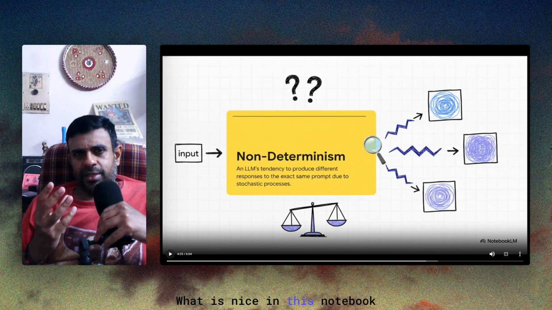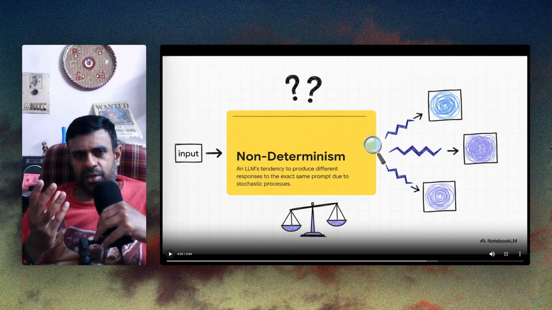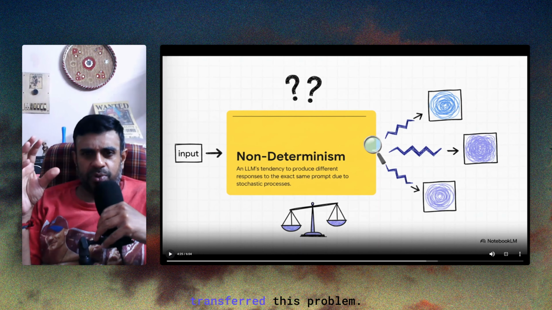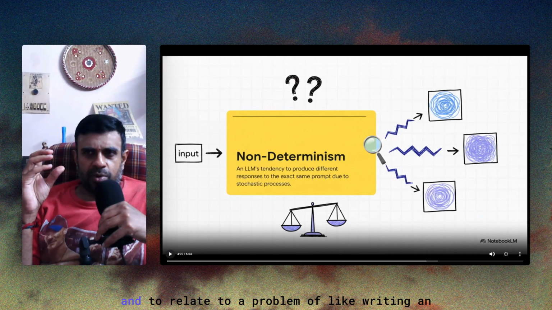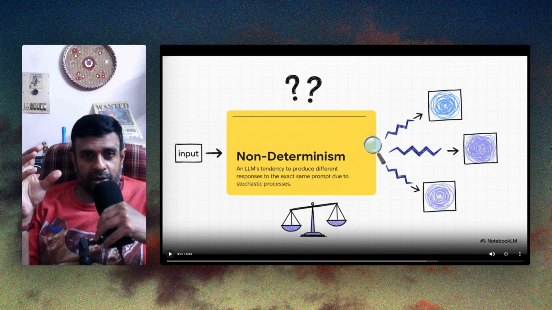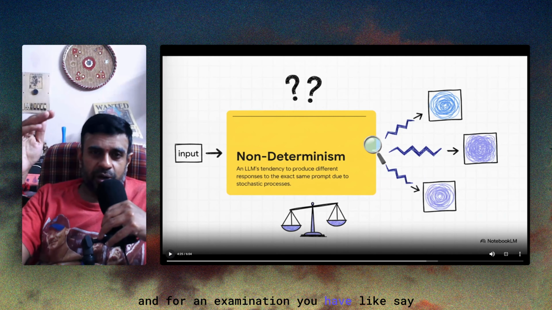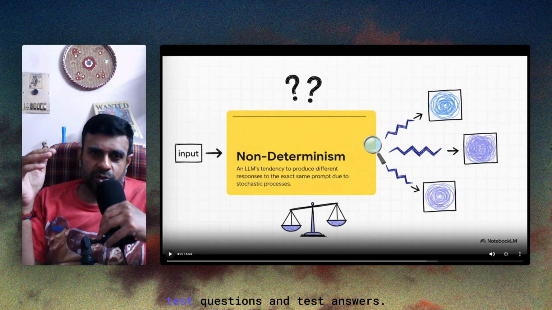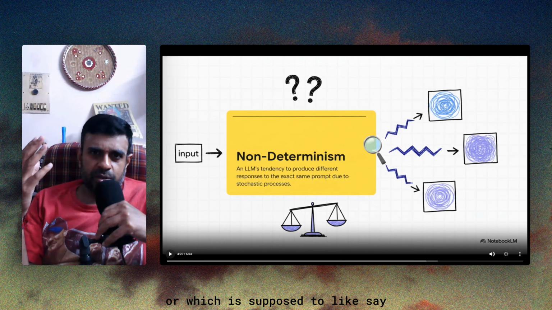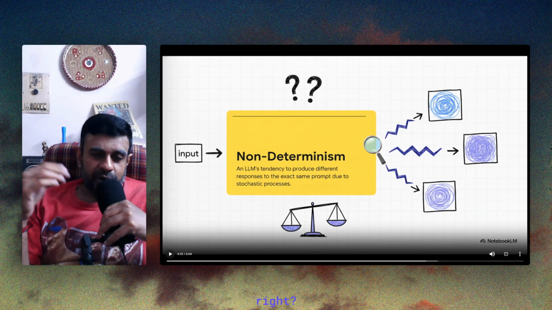What is nice in this NotebookLM illustration is that it has transferred this problem to a problem like writing an examination. For an examination, you have test questions and test answers. And then you have these metrics, which are supposed to grade them, right?